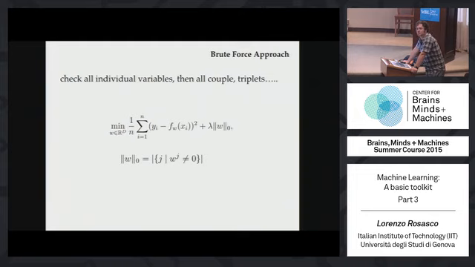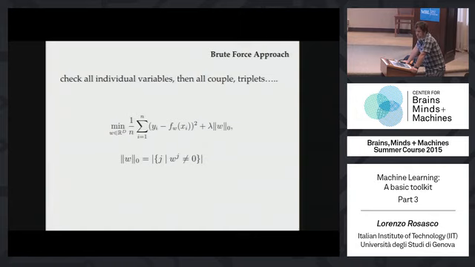So the brute force approach was start from all single variables, then all couples, then all triplets, and so on. Okay, and this doesn't work computationally. So just to wake up, how could you twist this approach to make it approximate but computationally feasible?